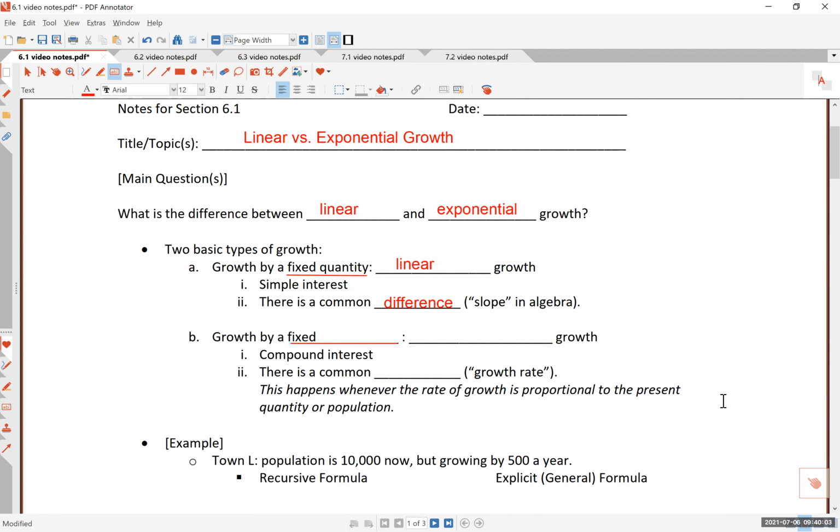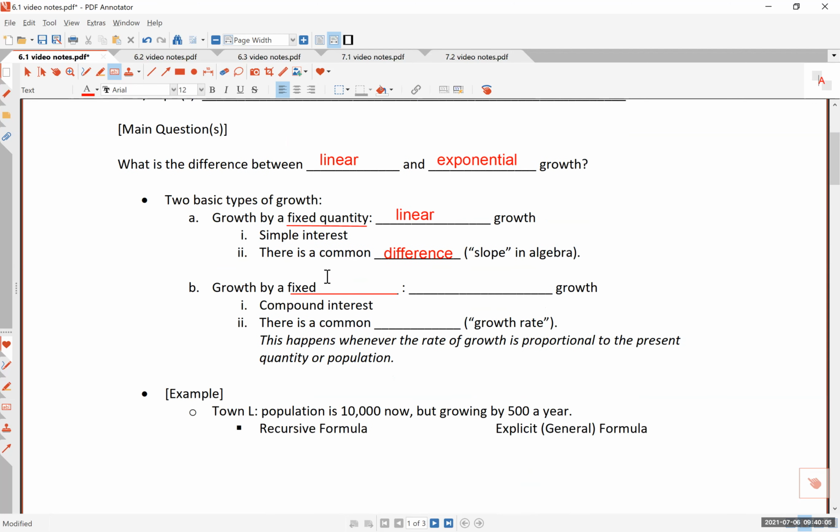All right. And so let me contrast that with exponential growth. In exponential growth, we talk about a fixed what? We talked about this again in the context of finance, growth by a fixed percentage. Okay, when the population or a number or frequency or whatever grows by a fixed percentage, it grows exponentially.